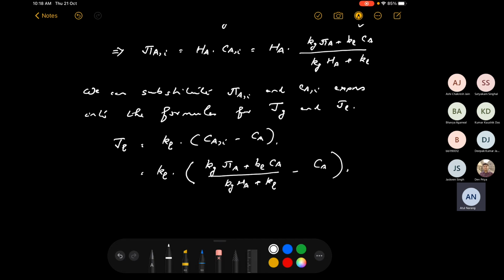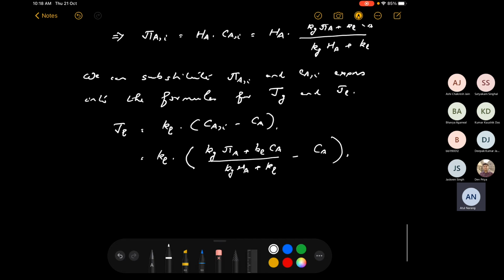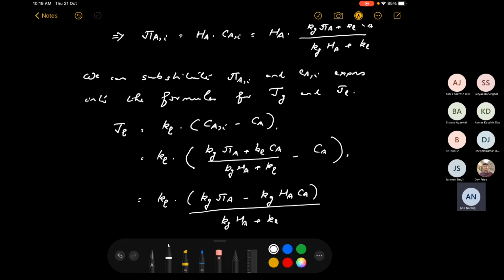So this KLCA and KLCA will cancel out, and you will end up with KL multiplied by, this will give you KG pi A, and here you will get minus KGHACA, the whole thing divided by KGHA plus KL.